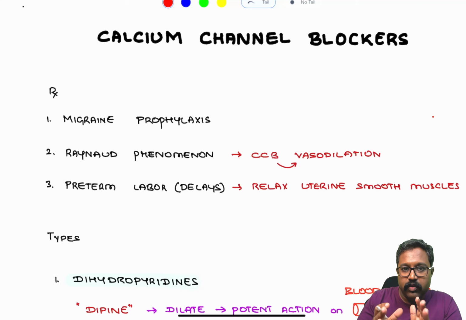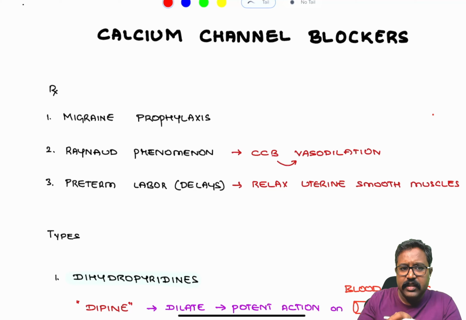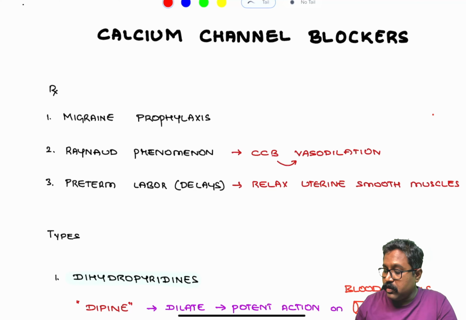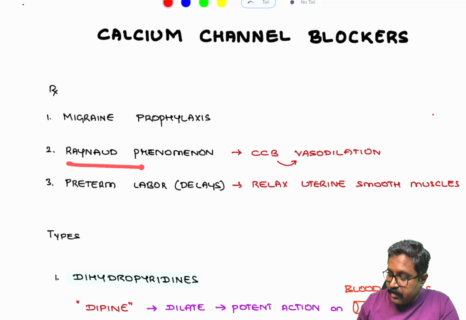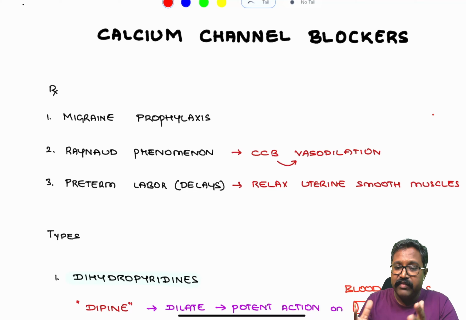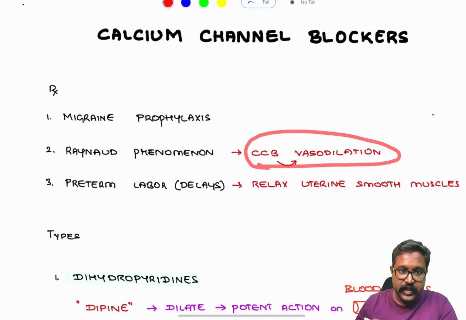So, before going to their mechanism of action, let us understand where they are used mainly. Calcium channel blockers can be used in the treatment of migraine prophylaxis, and Raynaud's phenomenon, where there will be peripheral vasoconstriction, and calcium channel blockers will cause vasodilation.